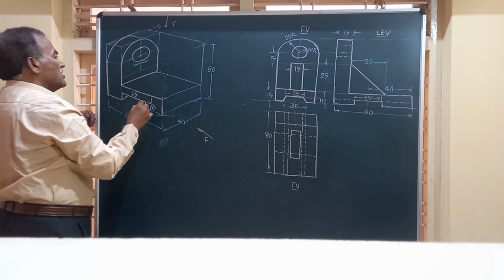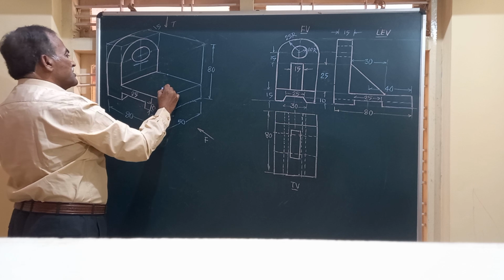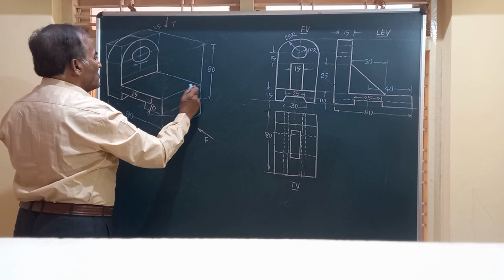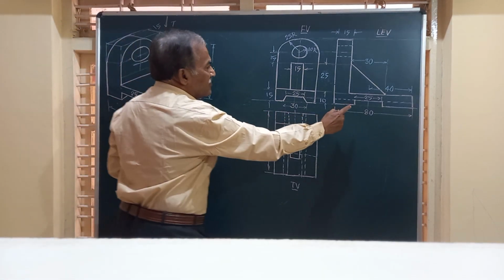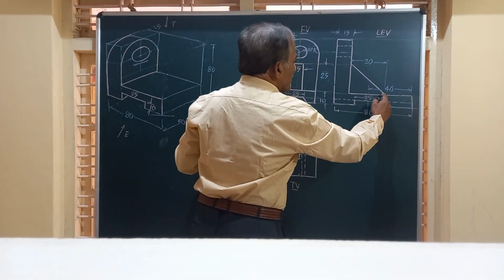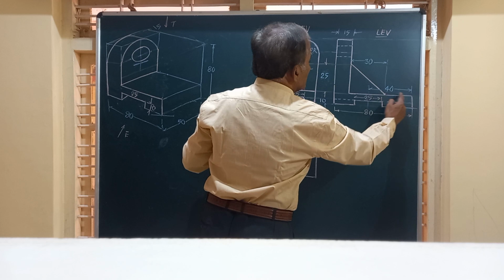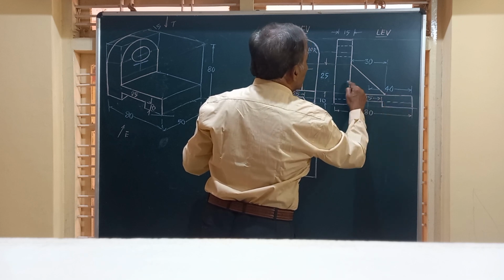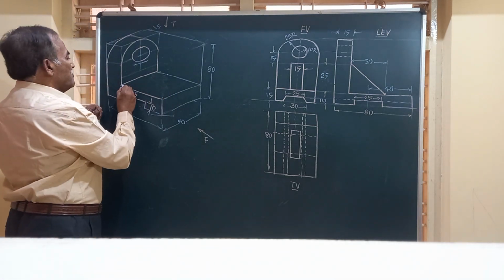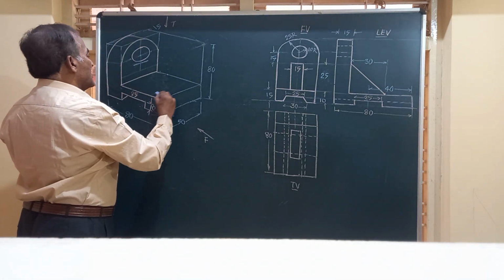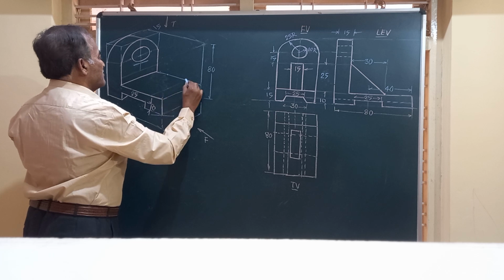And friends, similarly, you can have a line marked here exactly in the center for the same dimension at the given distance. This is from that corner, it has to be 40 to the center, and this will be how much? 30 from this vertical. From here, you can mark 30 and draw a line parallel to that.